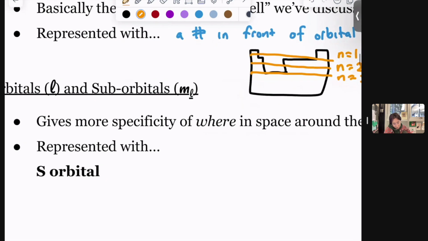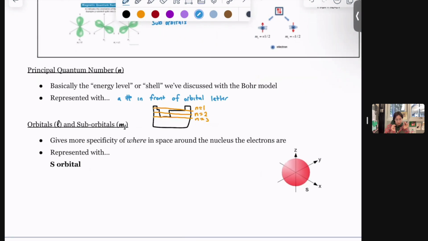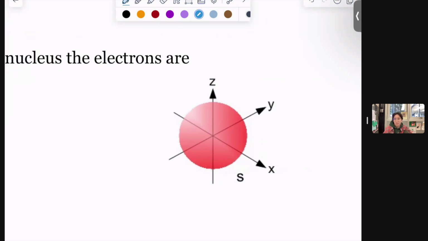Okay, but now it gets a little weird. So let's talk about orbitals first. These really conceptually are the place in space where the electrons actually are. I'm going to show you a bunch of different pictures of these.